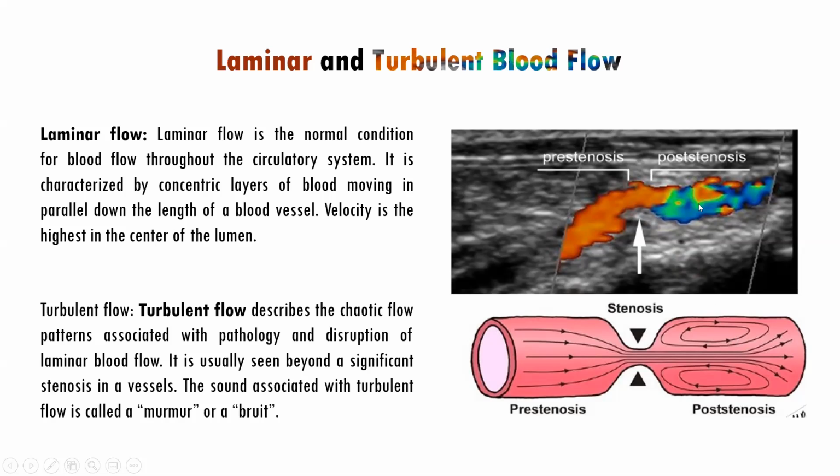In color Doppler, you will see different colors, called a mosaic pattern of color: orange, green, blue. That is due to turbulence of the flow. So in color Doppler, turbulent flow indicates there is a stenosis proximally.